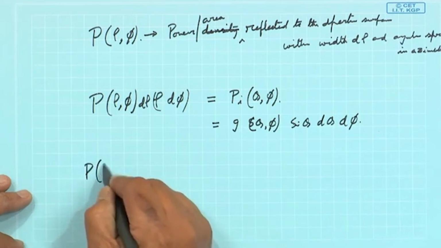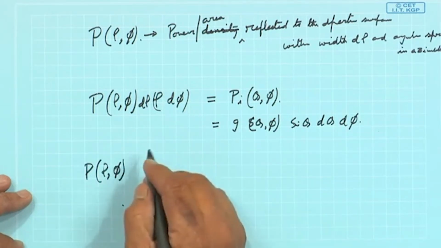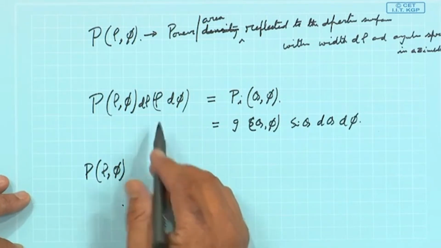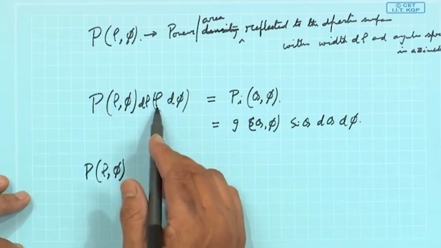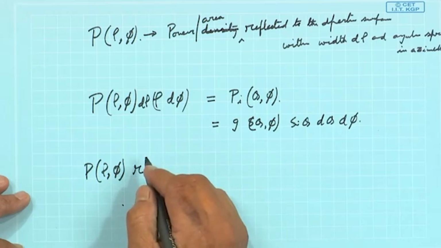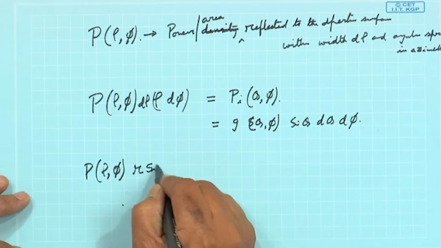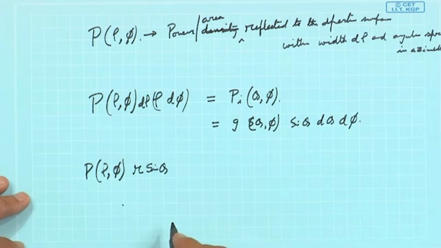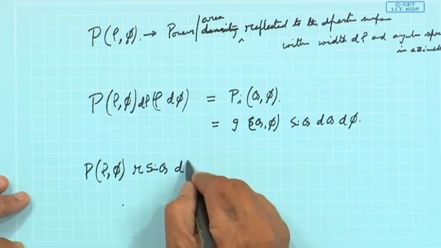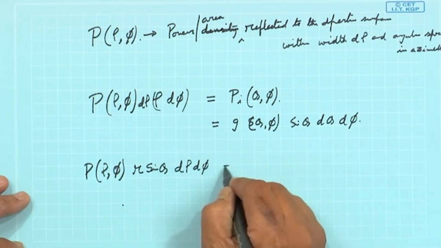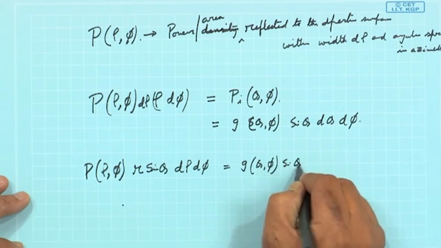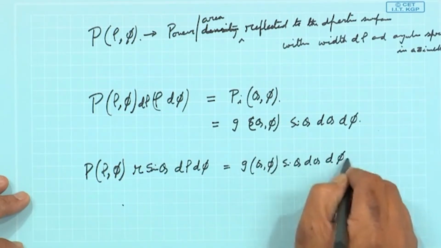So, let me write P rho phi, and to cancel out rho, I write rho is what? From the figure you can see it is nothing but r sin theta. So, r sin theta d rho d phi is g theta phi sin theta d theta d phi.